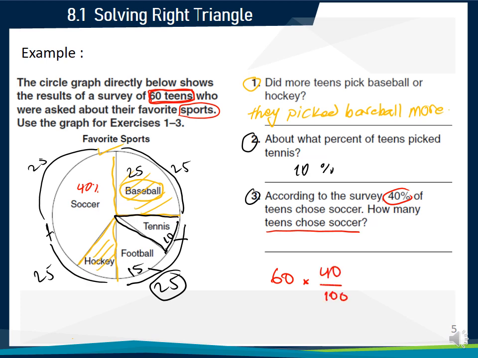So we can simplify again, 0 and 0, 0 and 0. So just 6 times 4 is 24 over 1, which is equal to 24. So we can say 24 teens picked soccer. This is how we can find the number of teens that picked soccer.